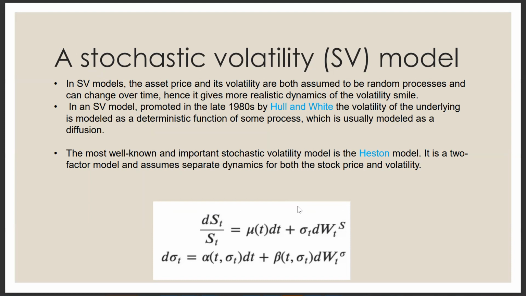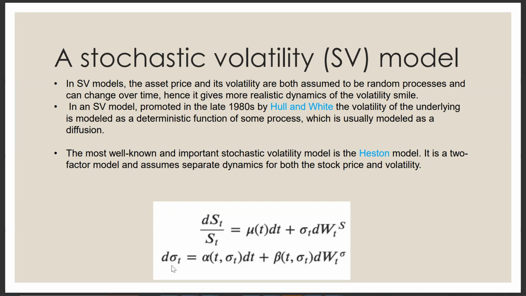But another model is the stochastic volatility model. It is something different, because in this case we have two-factor models. The first value is like in the Black-Scholes formula, only we assume that sigma is a function of t.